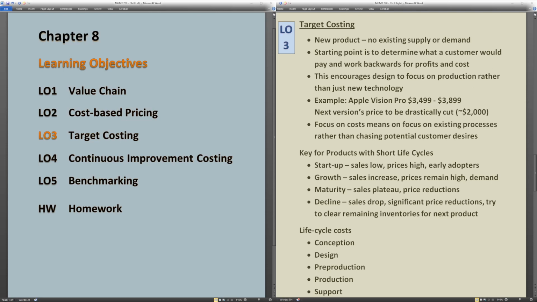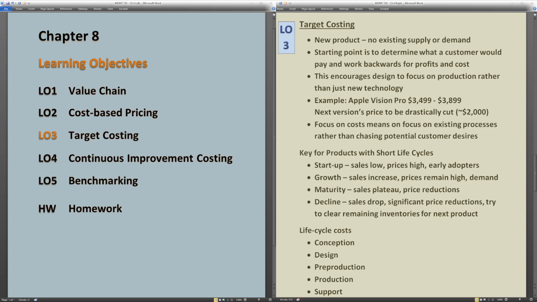So target costing means focusing on what your existing production processes can do rather than chasing potential customer desires. With the Apple Vision Pro, here's a very mature company, a tech company that's been around forever, and even they get things completely wrong here and there.